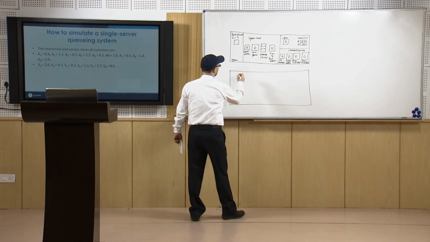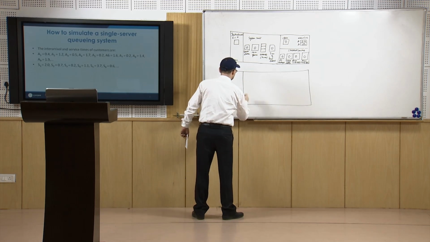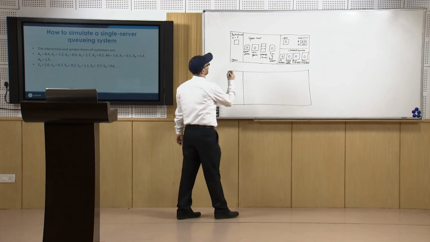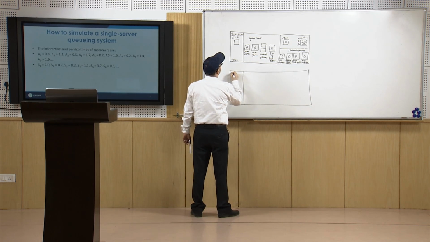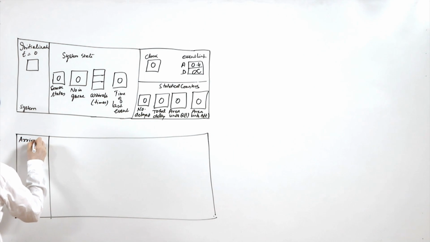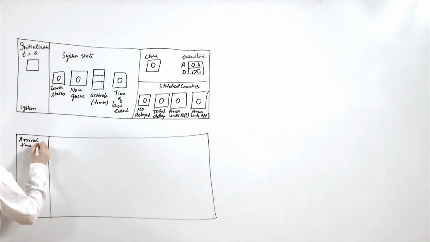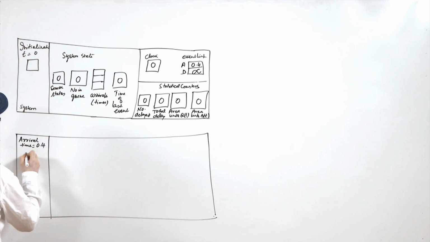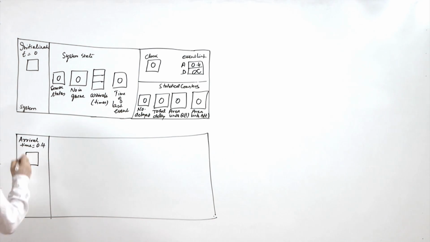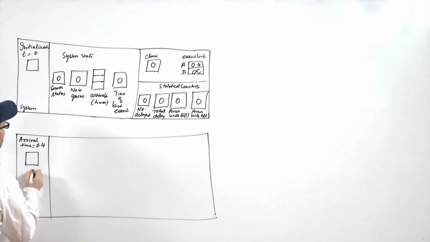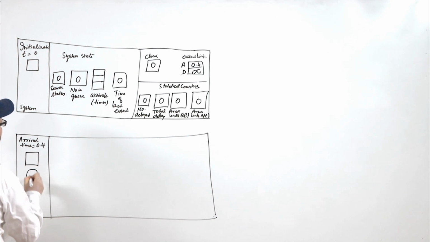Now, in this case again we have the system. We are coming to the arrival time equal to 0.4. You have the server, which is represented by the box, and one person has arrived, one arrival in the system, represented by a circle here.